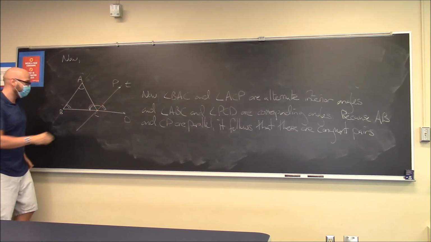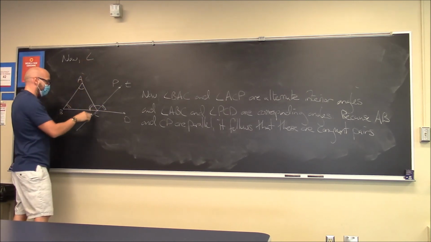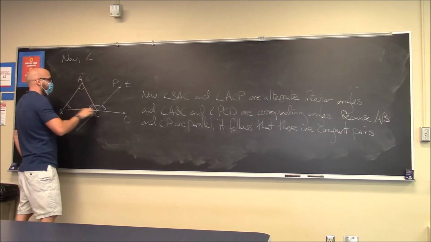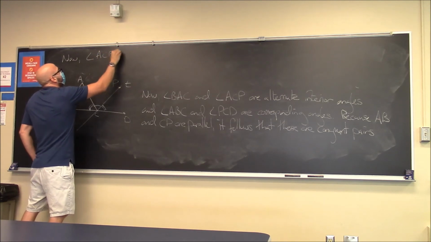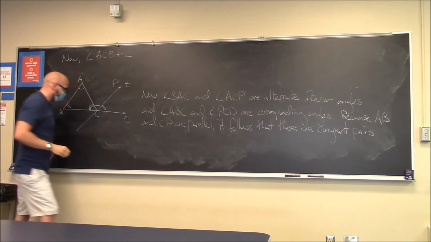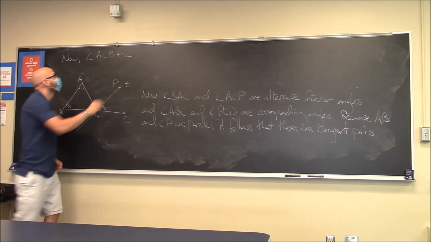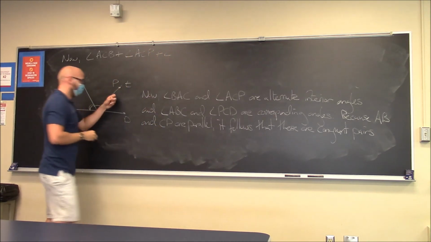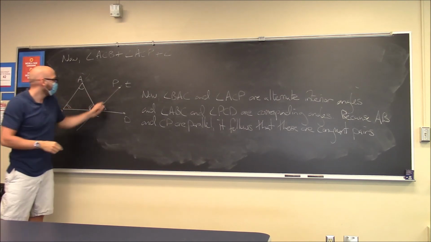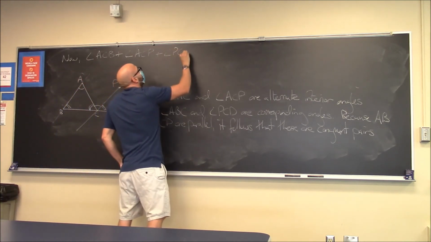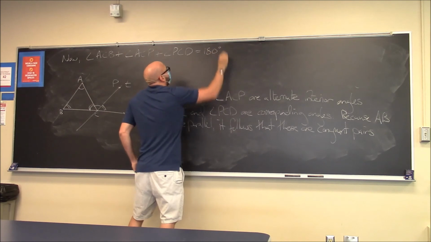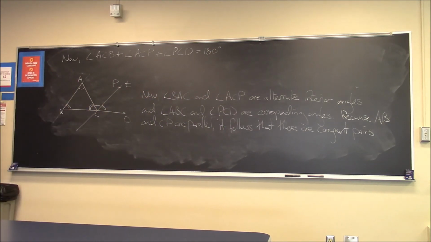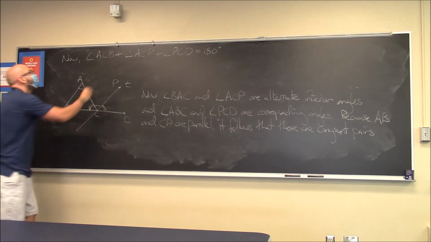So they must add up to 180 degrees. So now angle ACB plus angle ACP plus angle PCD equals 180 degrees, right? All three of these angles, because they're linear or supplementary, that's 180 degrees.